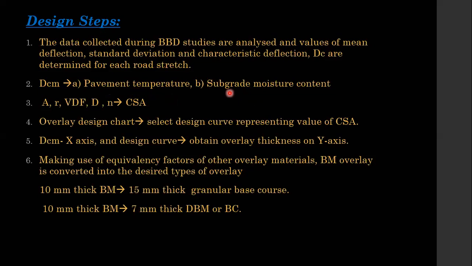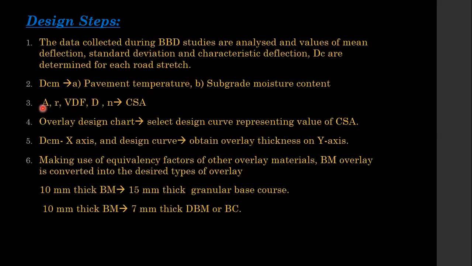The first one is for less than 1200 CVPD vehicles, and it is for clay soil, and the second and third graphs are for higher or heavy vehicles, and two conditions were there in the second graph. Plasticity index was less than 15, and in the third type of graph, plasticity index was greater than 15. These are the two types of problems which you did in the previous steps.